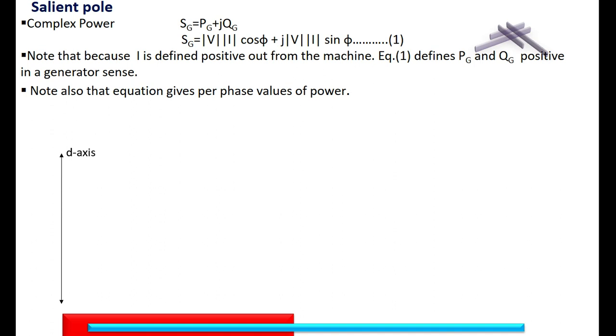Now, in the two reaction theory for salient pole machines, the air gap is not uniform.